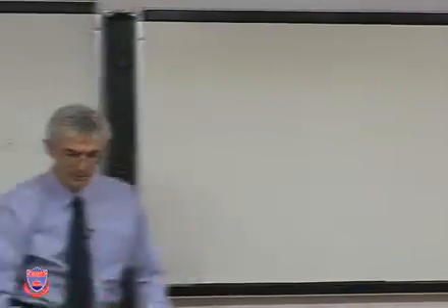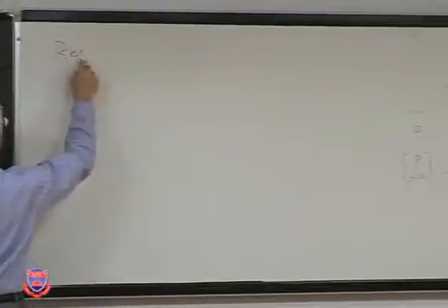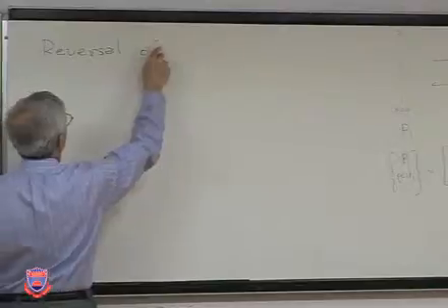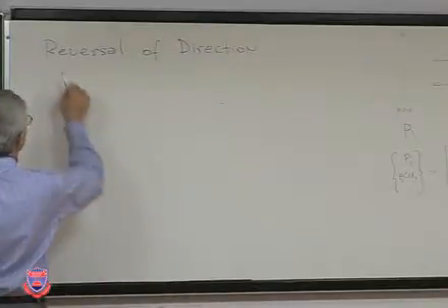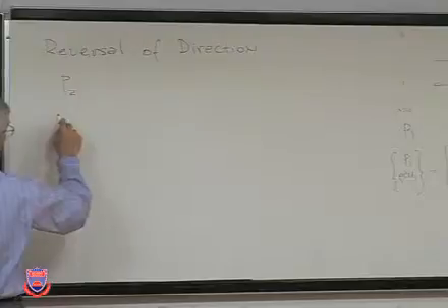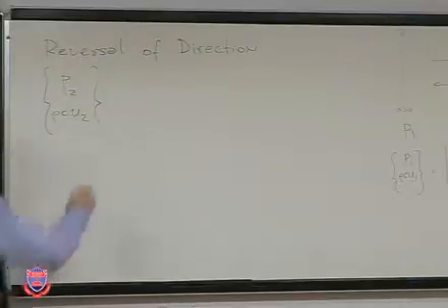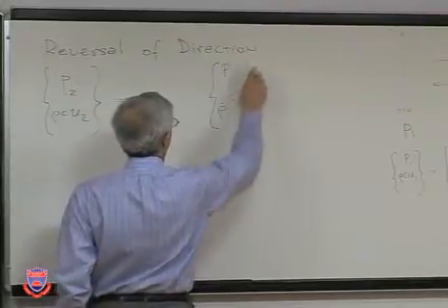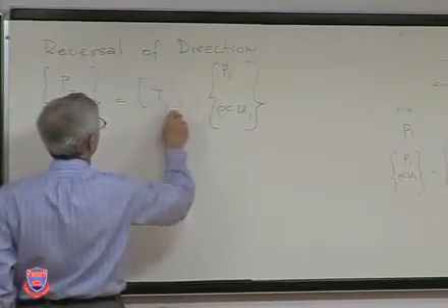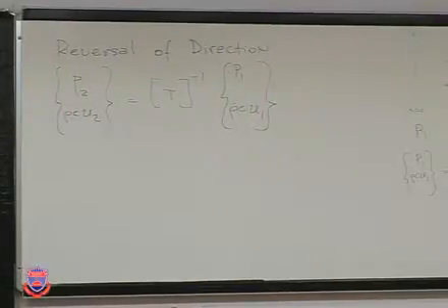So let's call this the reversal of direction. In this case, what we want to do is express the values at XL in terms of the values at X1, but you take the inverse of the transmission matrix. It's as straightforward as you can get.